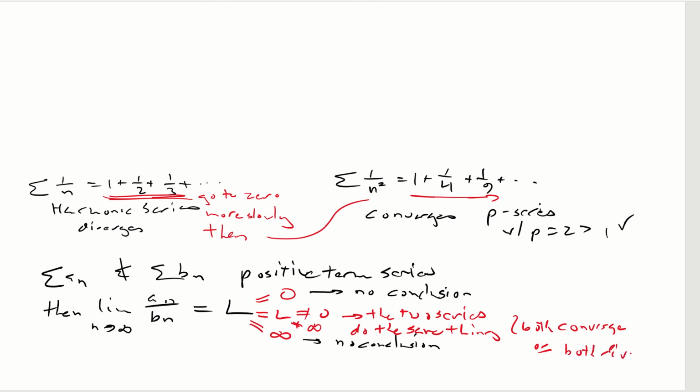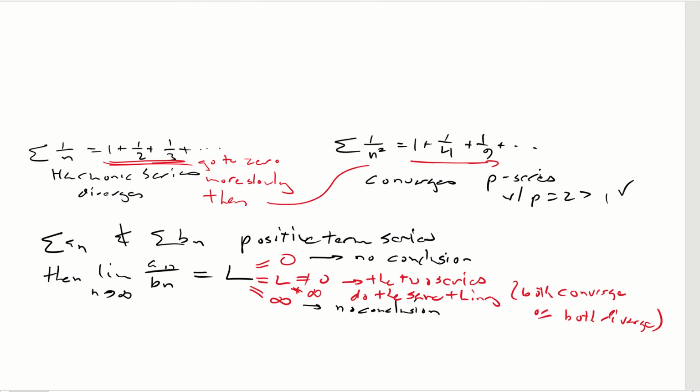Okay, this is such a handy thing. Right now you're in the dark about it. If you wanted to prove something like this, it's an easy proof. So the proof would be, and you can read it in the book, but it says let the limit as n goes to infinity of a_n over b_n, okay, equal some limit L, okay?